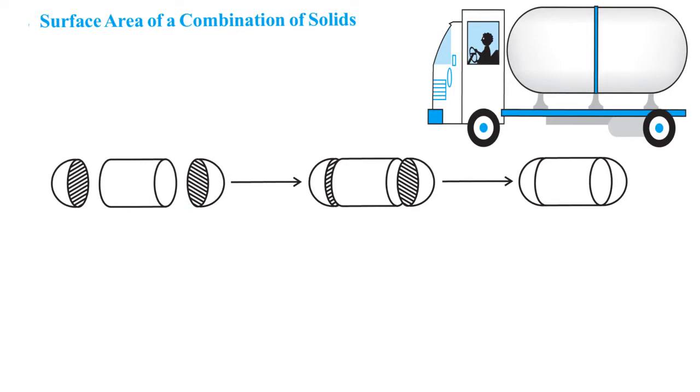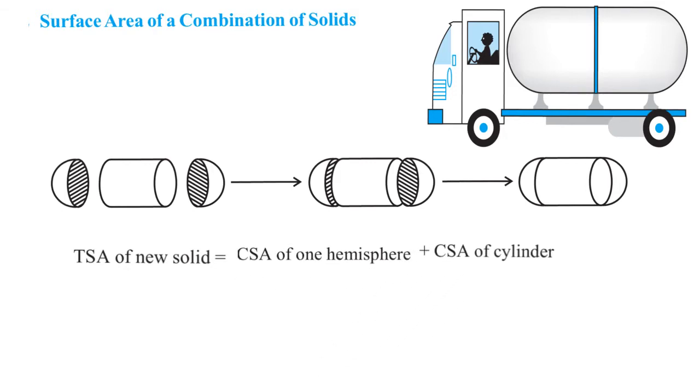So we can find the total surface area of the new solid equal to the curved surface area of one hemisphere plus the curved surface area of the cylinder plus the curved surface area of the other hemisphere, where TSA means total surface area and CSA means curved surface area.